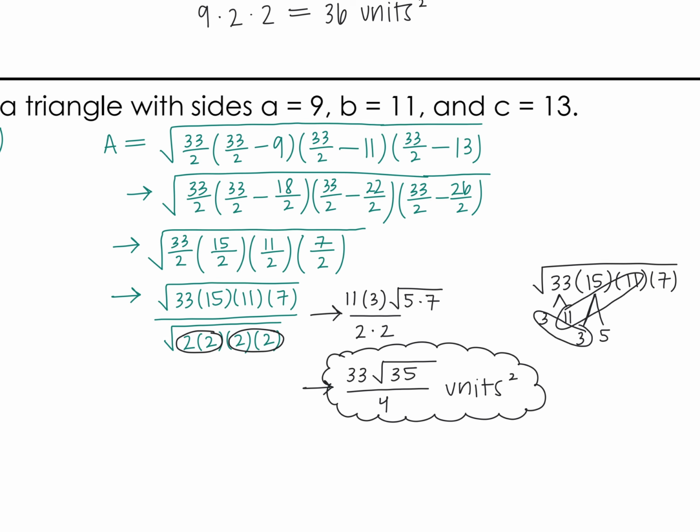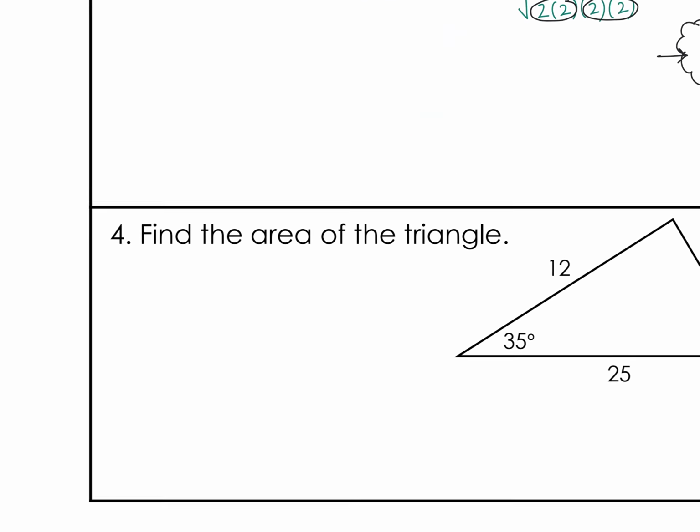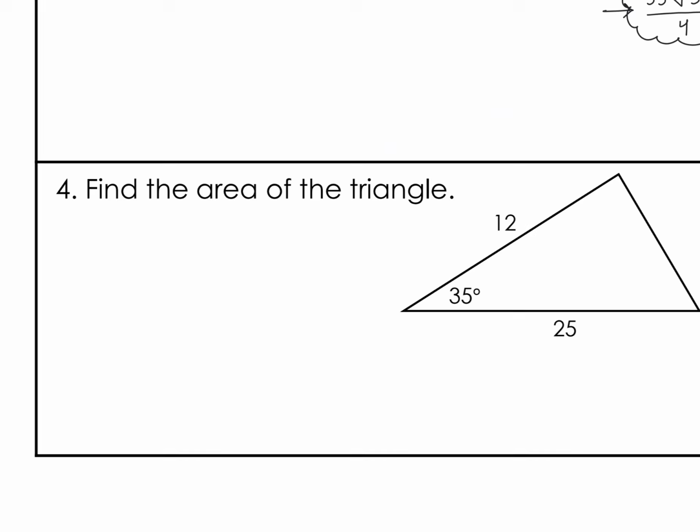All right, now let's move into our last two problems, number 4 and number 5. Here we are asked to find the area of this triangle, and we will notice that we are provided with a side length of 25 and a side length of 12. I've highlighted these because where they meet, this angle is given to us.